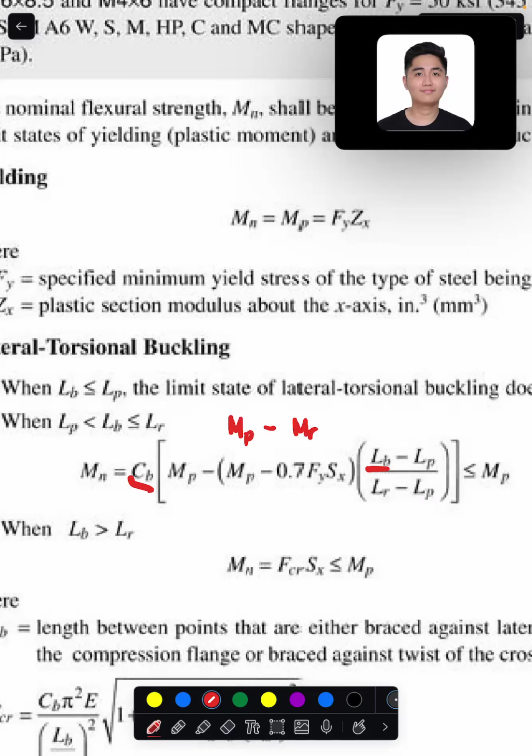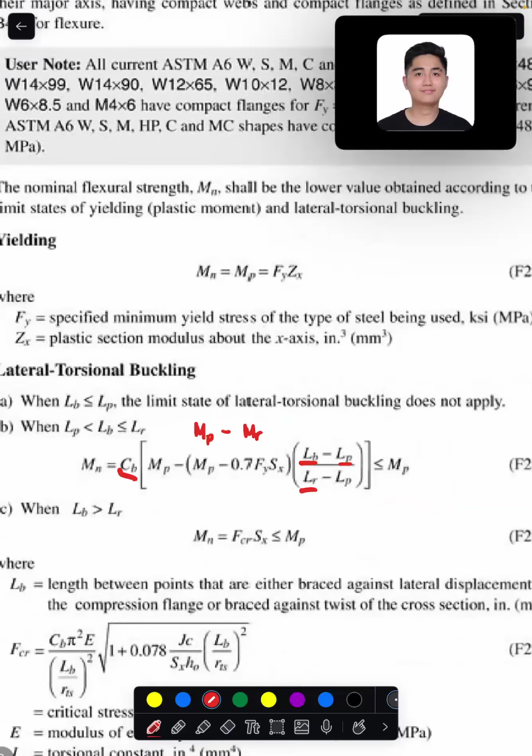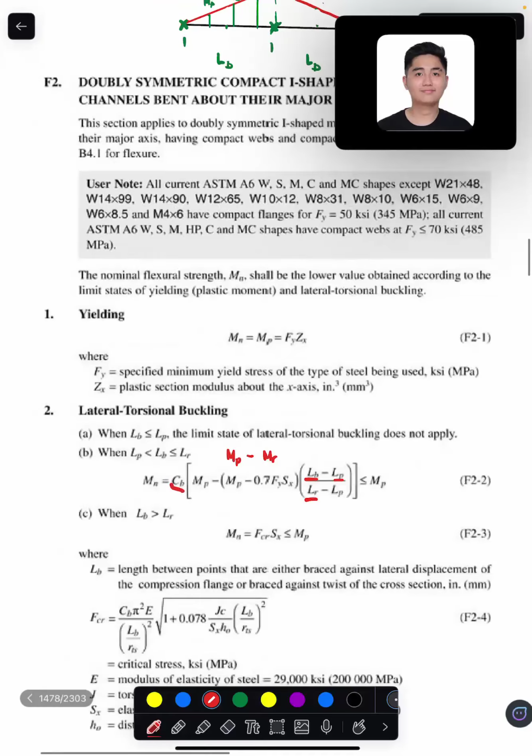Tapos, meron kang pang-define na anong length yung kailangan para maging slender yung beam mo on which mangyayari ang elastic lateral torsional buckling. Tapos meron kang LP. Ito yung unbraced length ng beam mo on which if the beam's unbraced length is less than L sub P, then ang mangyayari is yielding.